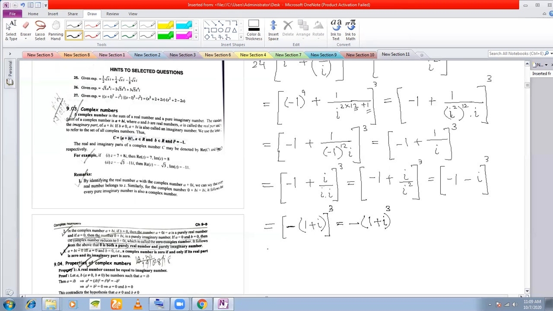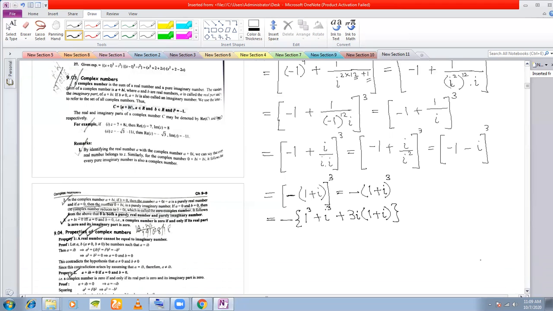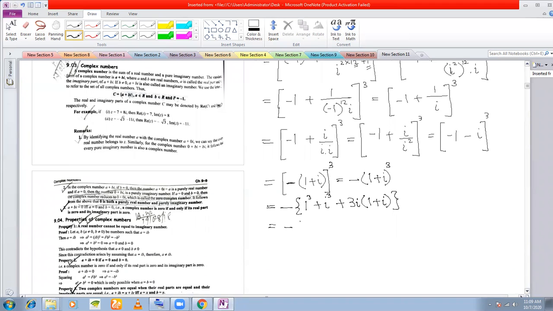Now I'll expand this by the a minus b whole cube formula. Keeping the negative sign outside, I have a cube plus b cube plus thrice ab into a plus b. So I have minus 1 plus i cube, which is i squared into i.